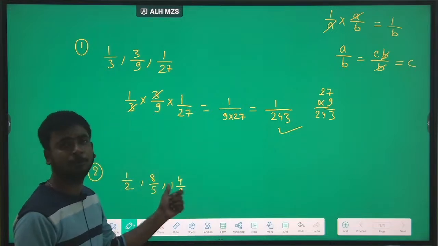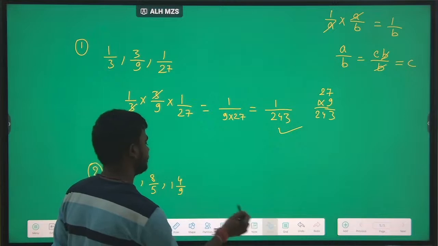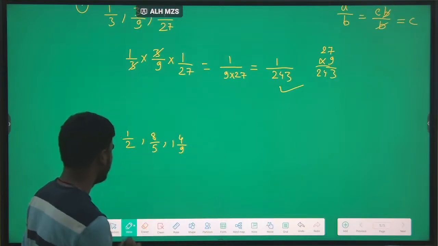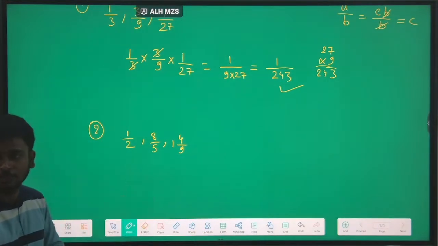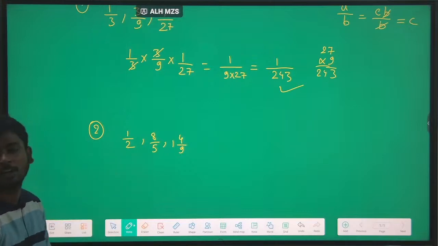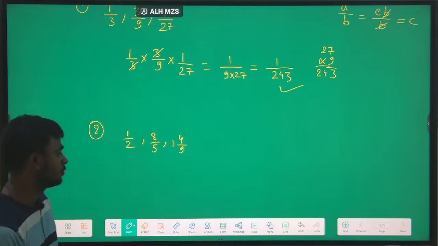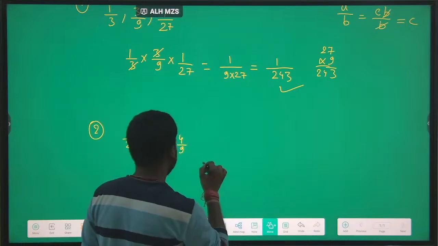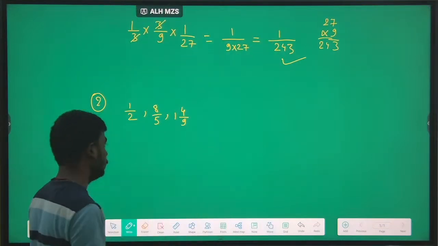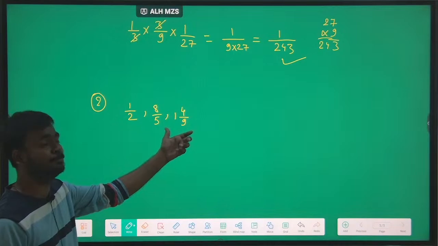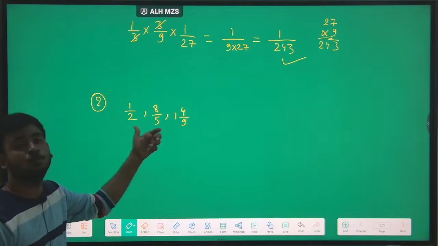It is also a type of improper fraction. Okay, so we have to multiply these three. How can we multiply? So first of all, for mixed fractions, we have to convert these mixed fractions into improper fractions.